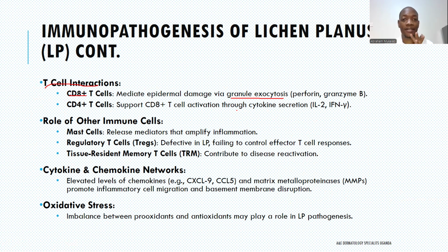But in lichen planus, the line of cells that is activated includes the cytotoxic T cells. They will come and mediate damage via granule exocytosis and production of perforins and granzyme B that end up damaging the basal keratinocytes that express that particular antigen. So that is the difference.